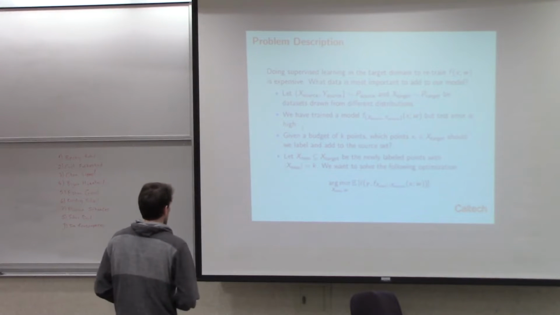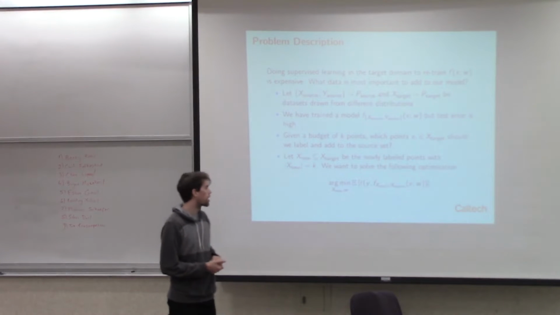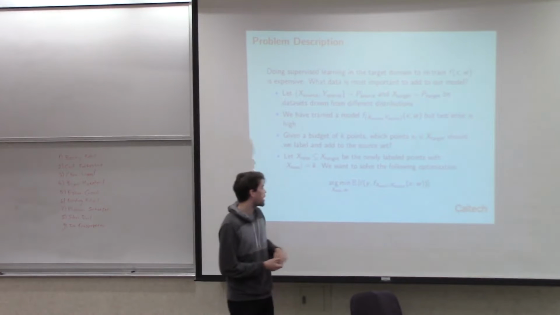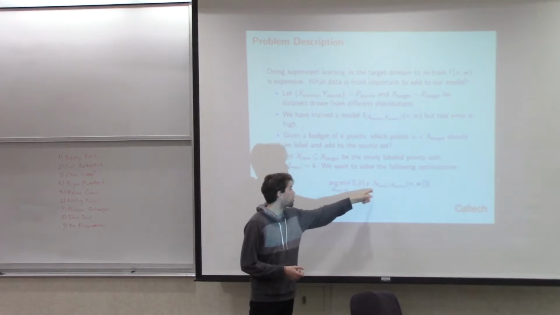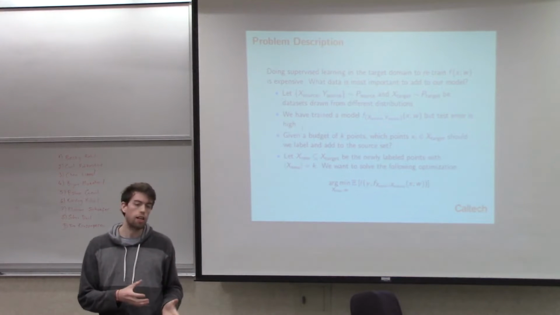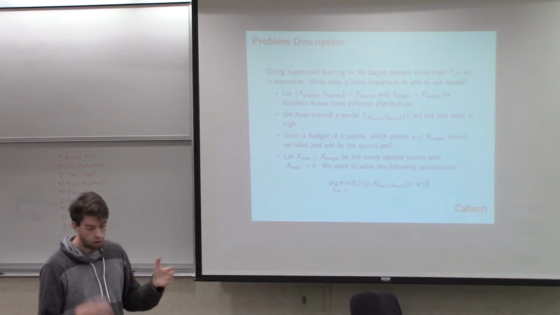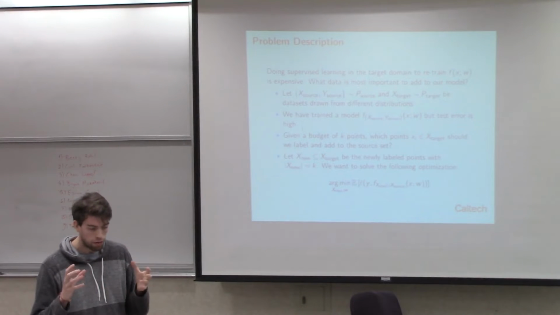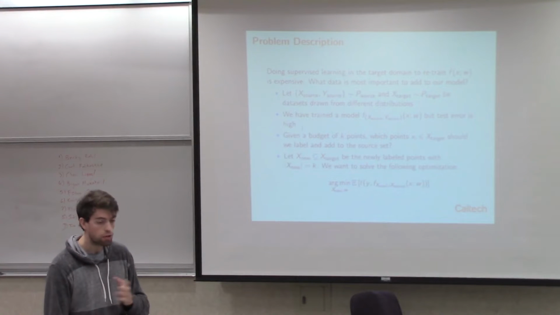We take some subset x nu from our covariates in our target distribution, and we want to minimize the loss over our target domain of the model that's now been trained over the union of the subset x nu from the target domain and all of the original source data. And for this new union of covariates, we assume we have labels for everything.